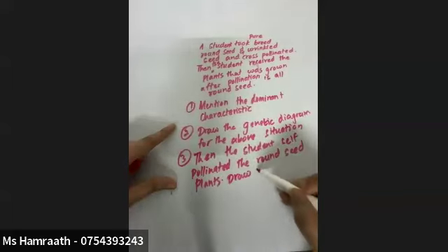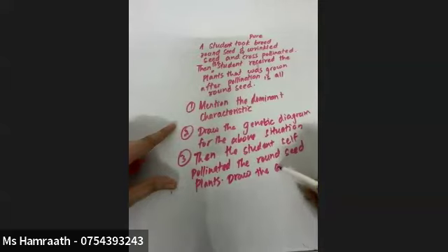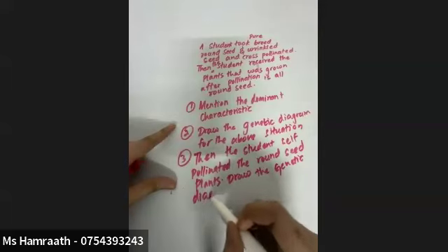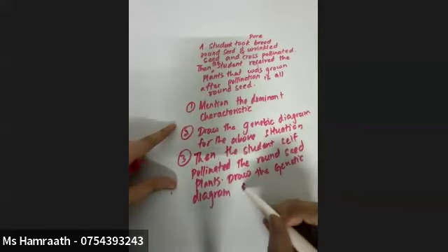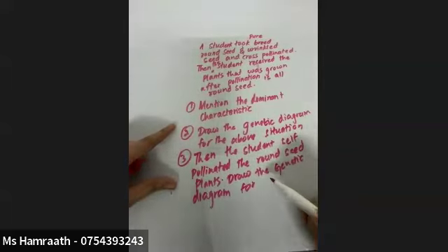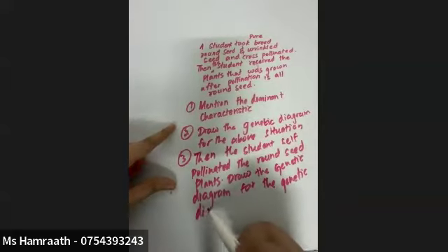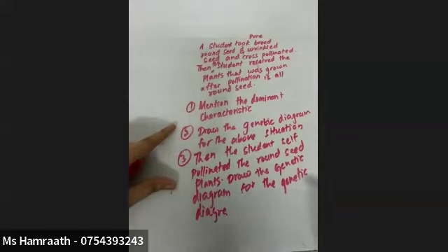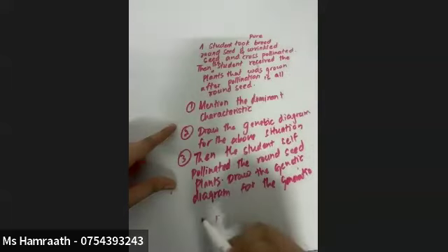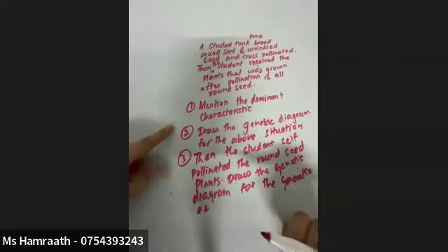Draw the genetic diagram for generation 2. You don't need to write the questions, but if you like, you can write them. Other than that, nothing. Draw the genetic diagram for generation 2. That's question number 3.